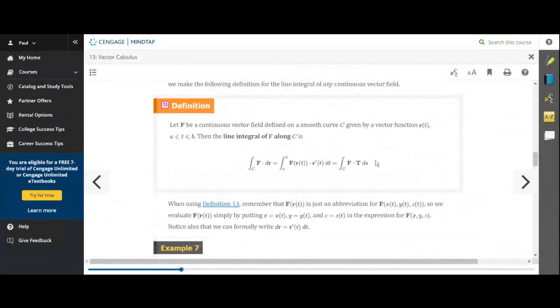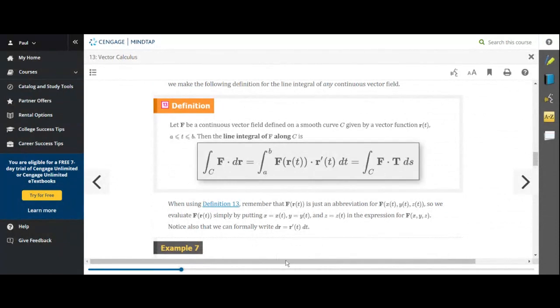And this is what we're looking at here. If you have a continuous vector field defined along a smooth curve, then the line integral of the vector field F along that curve C is given by the integral of F dot dr. That's a dot product.